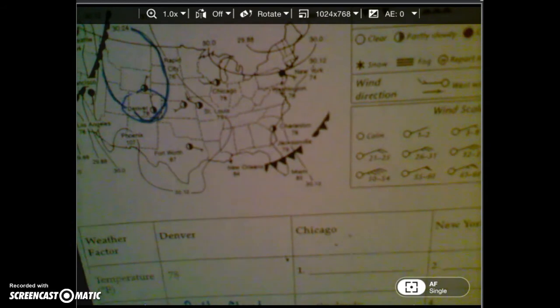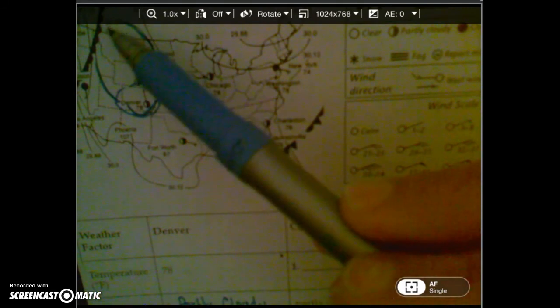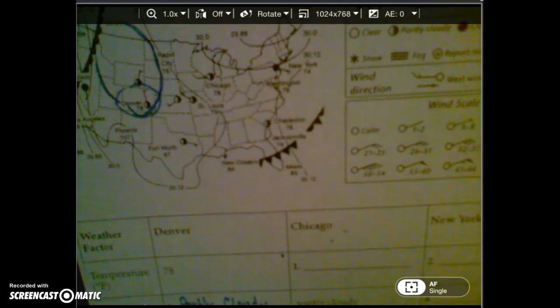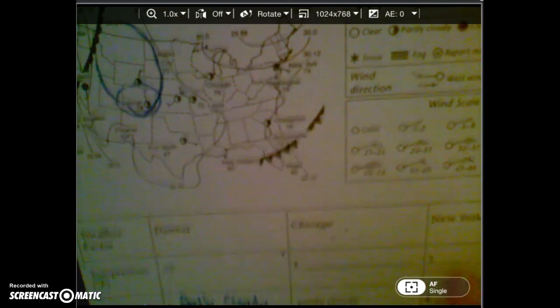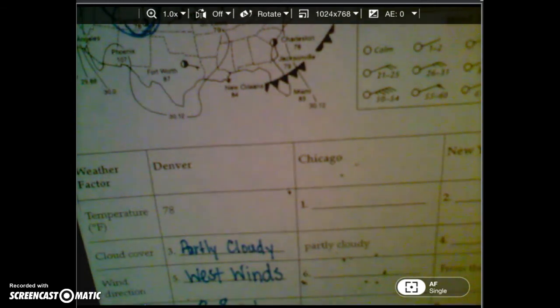Our air pressure is going to be right between 30.24 and 30.112. But I think we can just round it up as they did, and it is 30.3. They've rounded it, so it's okay to round.